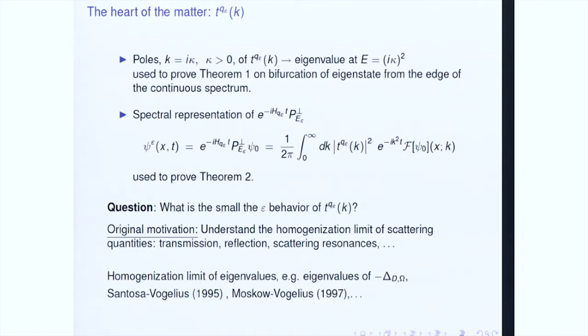Poles actually on the imaginary axis correspond to eigenvalues of the Schrodinger operator. You just have to square them, and you get eigenvalues. That's related to theorem 1.